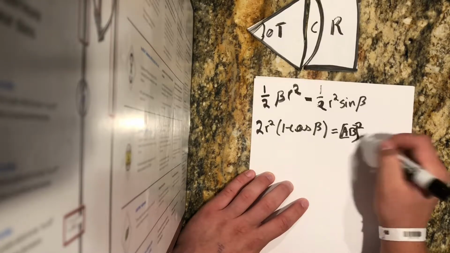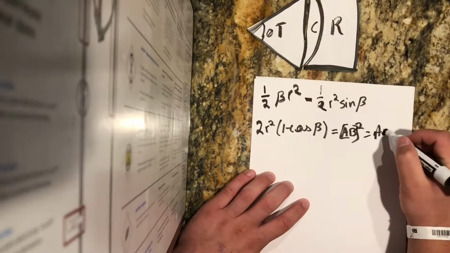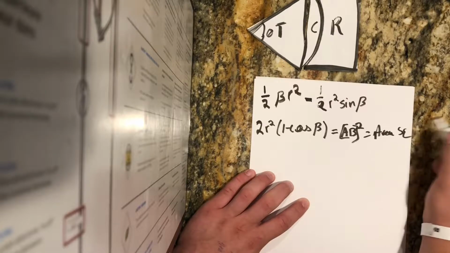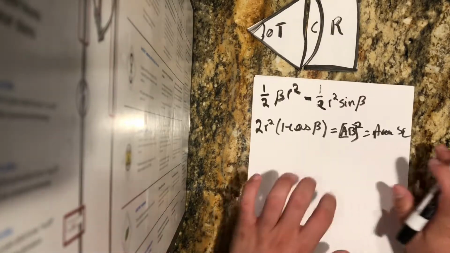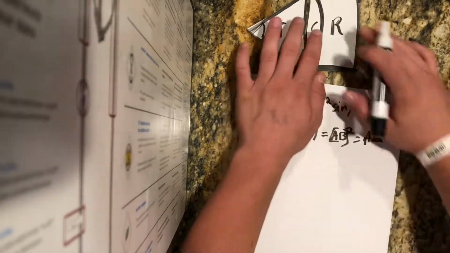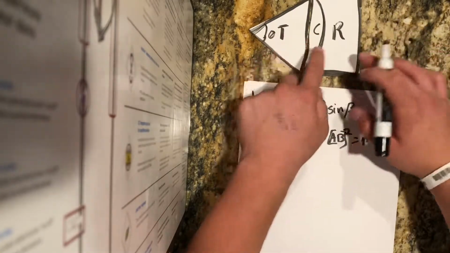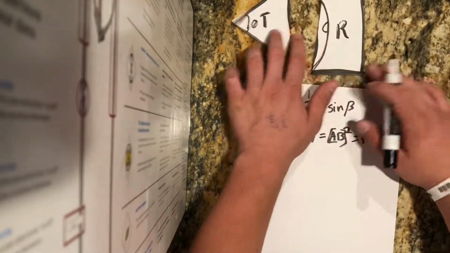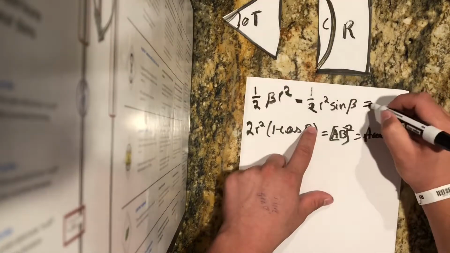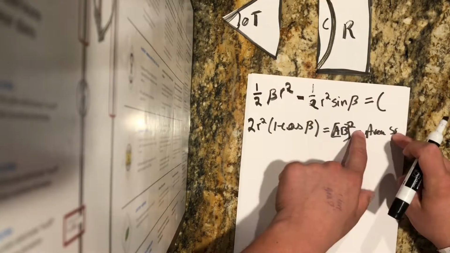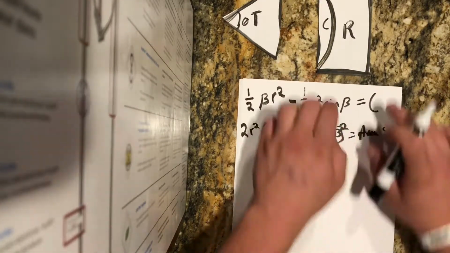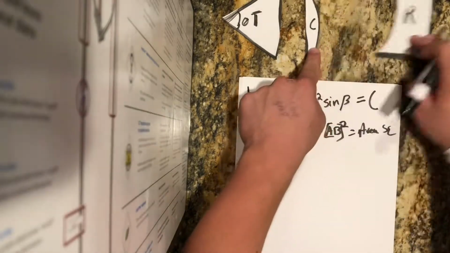Or it's the area of the square. If we think about it conceptually, R is the area of the square minus C. So we just have to subtract these and we get R.